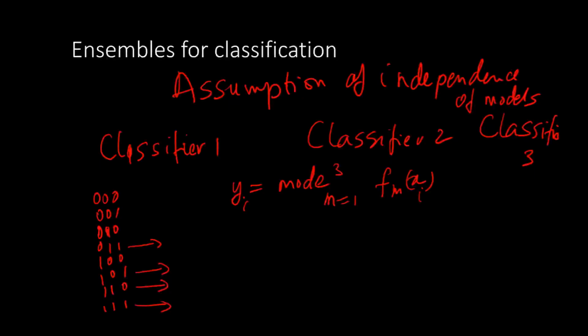All right, so let's say for each classifier the probability of correct classification is p, and the 3 classifiers are independent of each other.